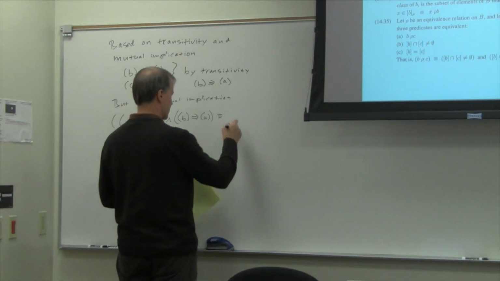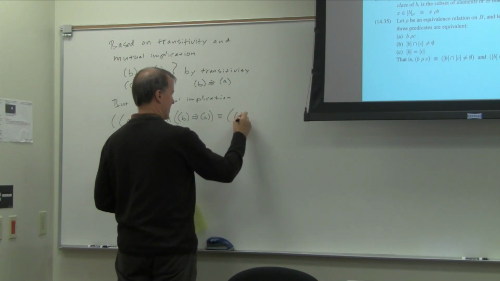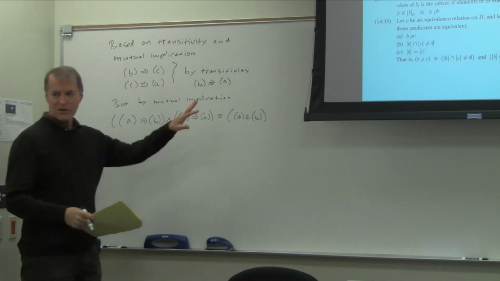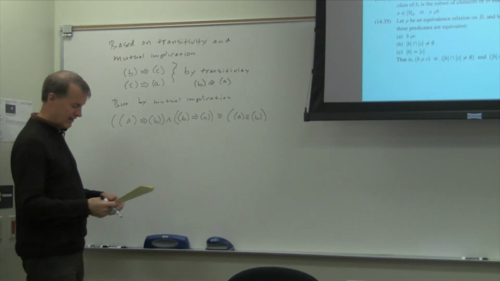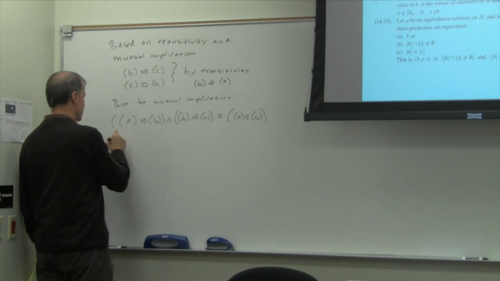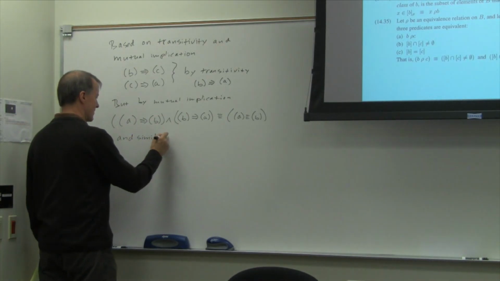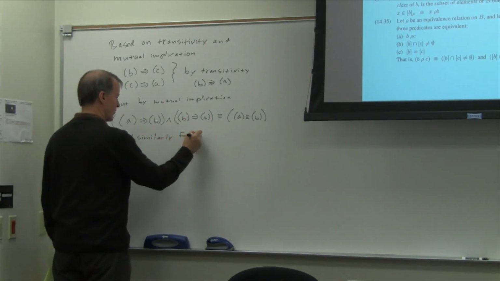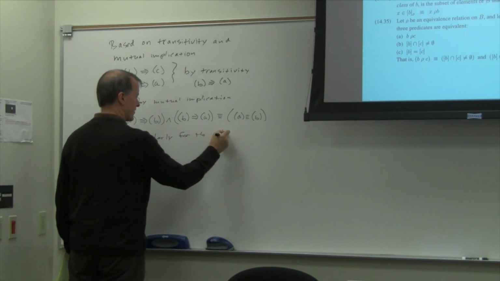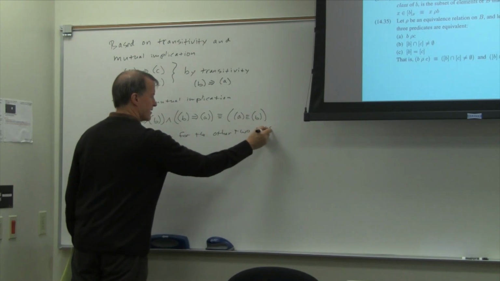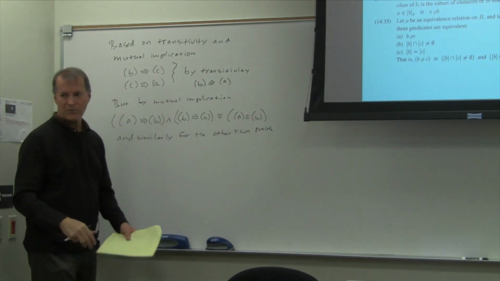This equivalents, A equivalents B. And you can do similarly for each other pair, right? And similarly for the other two pairs. So by doing that, we will have it.